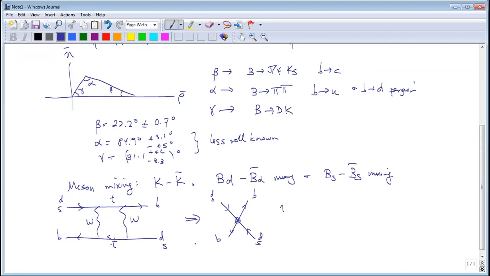So for example, for the BD system, the effective Hamiltonian goes like the following, and I'm not going to include all the prefactors, but basically we're going to have a GF squared, and then we're going to have VTB star VTD, okay, quantity squared, and then here's the operator B L bar gamma mu D L, and then there's another one.